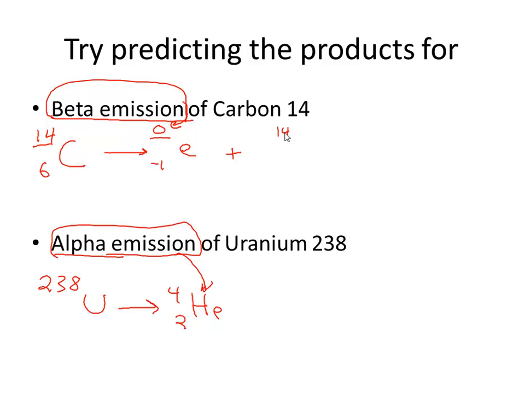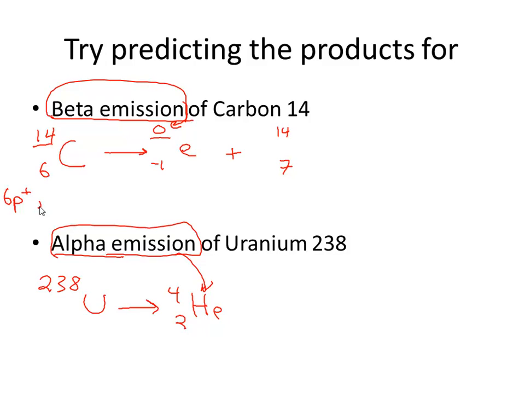I start off with 6 protons. One of my neutrons changed into a proton. So how many protons do I have left? I started off with 6 protons, and I gained a proton, so 7.